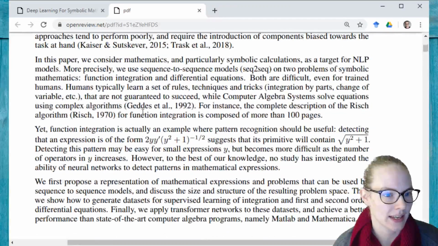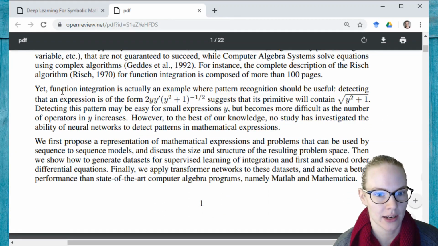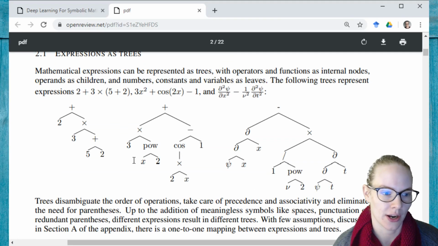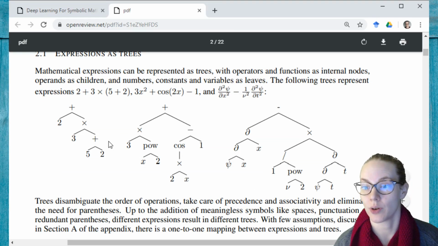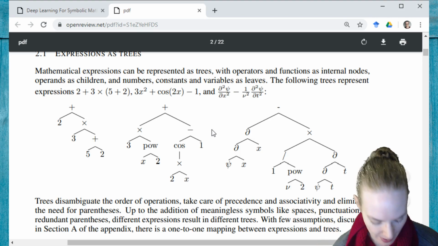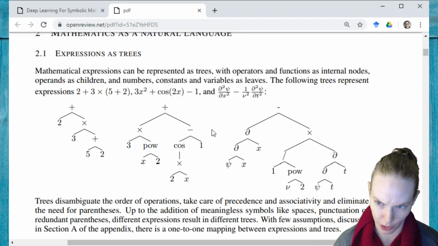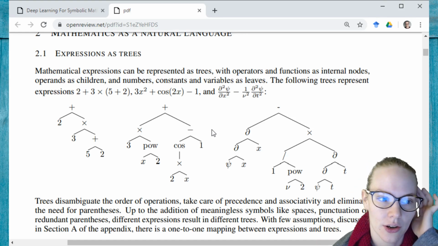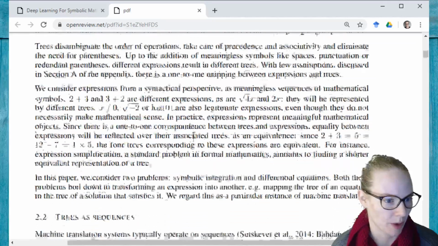The idea is that they are taking equations and expressing them as trees. The trees are a combination of binary and unary trees, so there can be up to 2 branches per node, and this is because of the way that they formulated the problem.